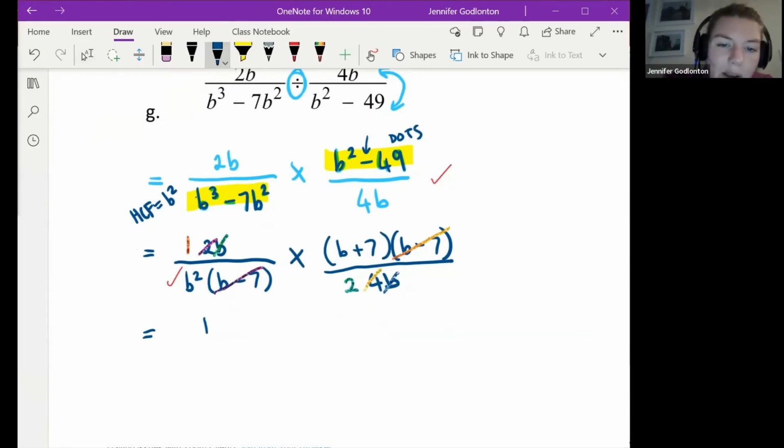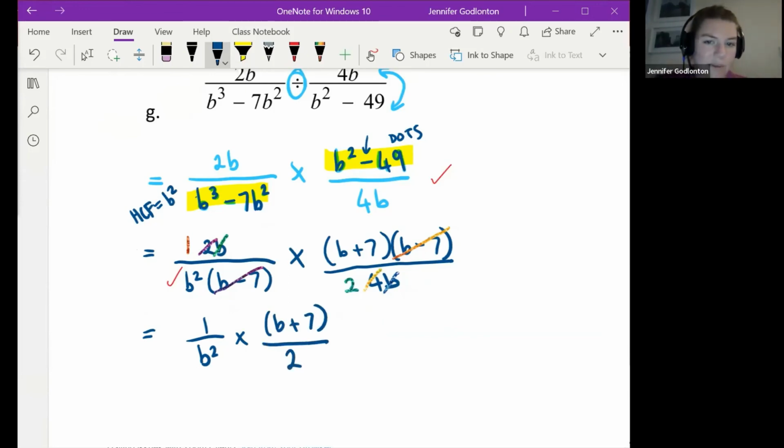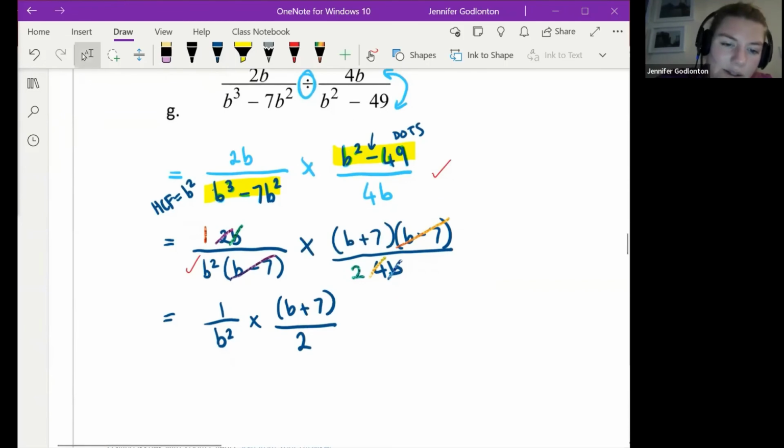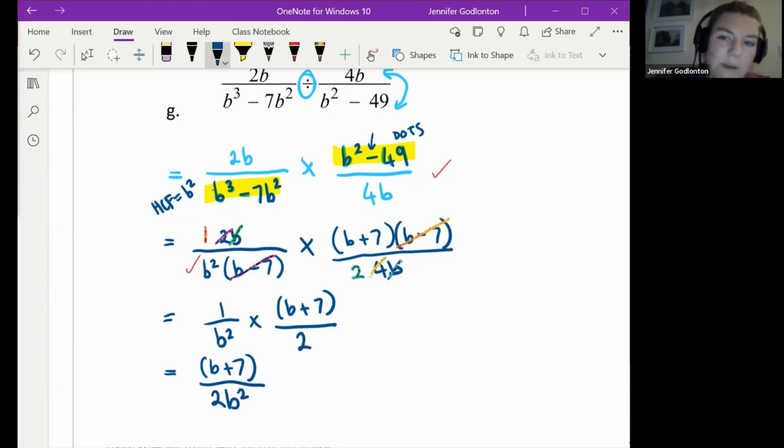So I've got 1 over b squared times b plus 7 over 2. That's what I'm left with after my cross simplification. And so then I just want to write my final answer. So I say 1 times b plus 7 is b plus 7, and b squared times 2 is 2b squared.